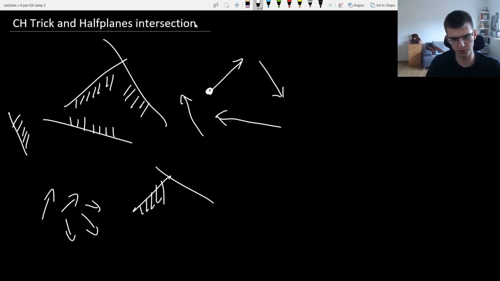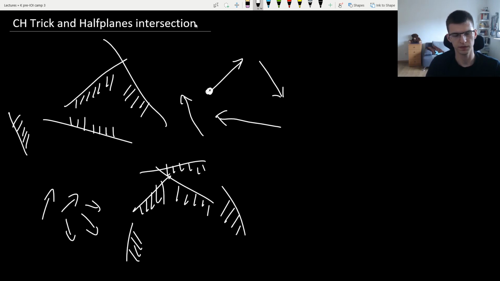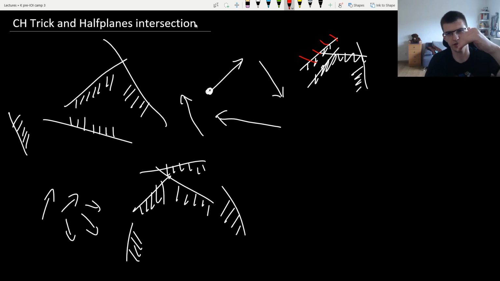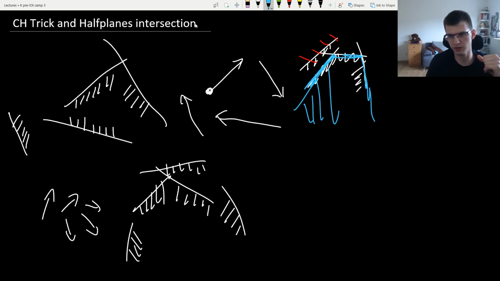With those, we will compute the upper convex hull. So the goal is, if we have those lines, we just want to get rid of the unnecessary ones, and we will have in order the good shape, the convex hull. This is the area limited by the upper lines here.